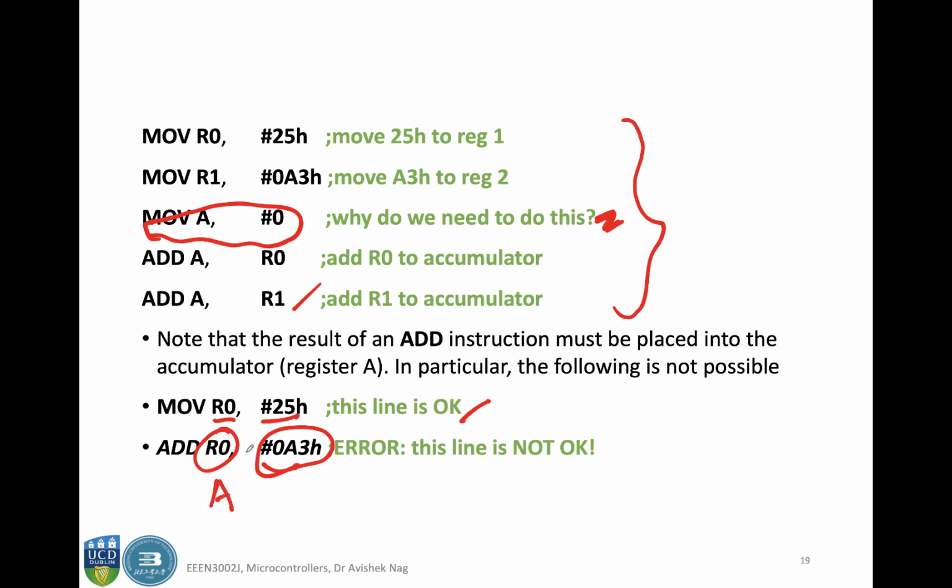So you need to make an adjustment so that you can add only using the accumulator. So that's why you are moving the two numbers into two registers and then adding them separately to the accumulator, because the add instruction can only be used with the accumulator.